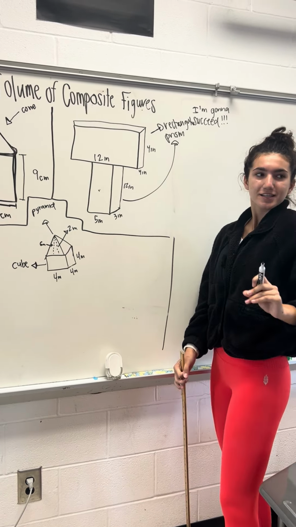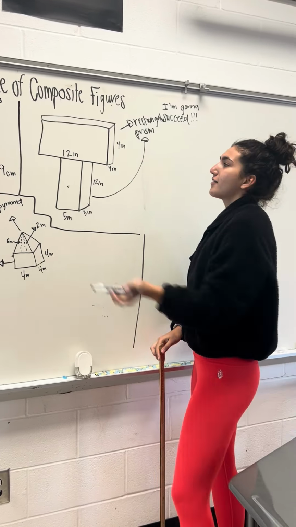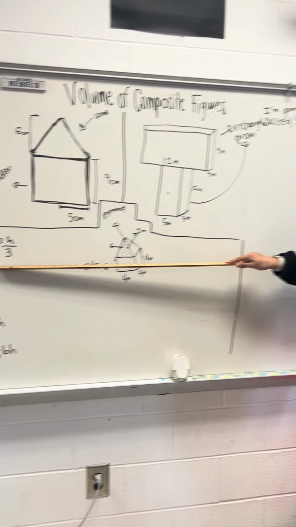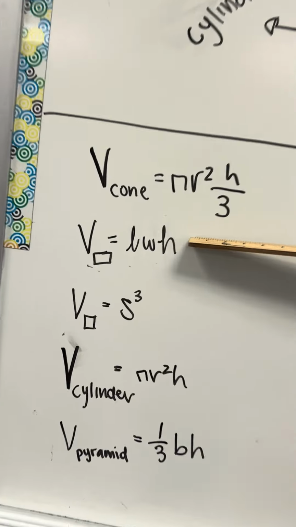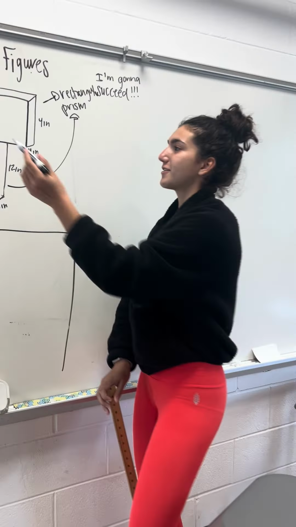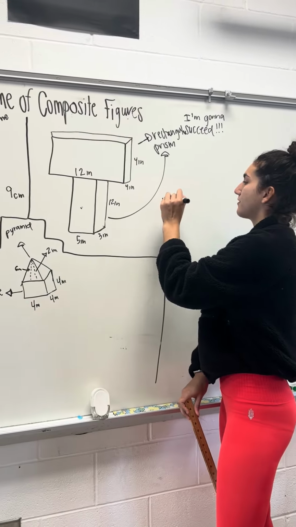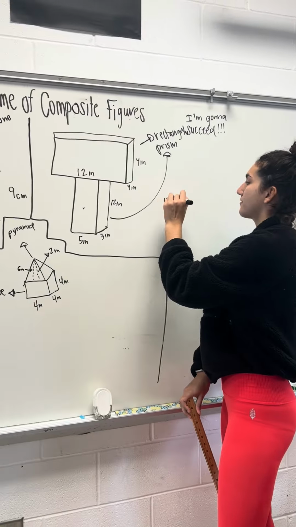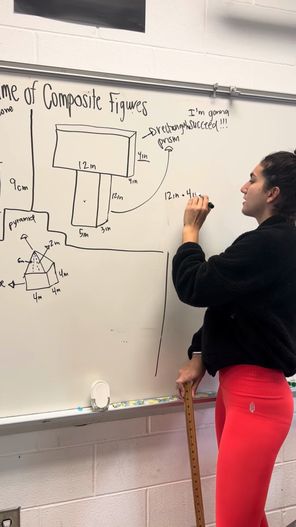So first, the volume of a rectangular prism is length times width times height. Our length here is 12 inches. Our height is 4 inches, so you're going to multiply by 4 inches.